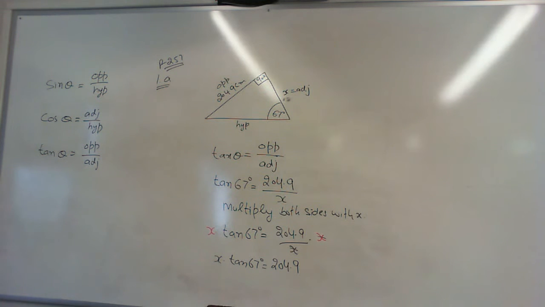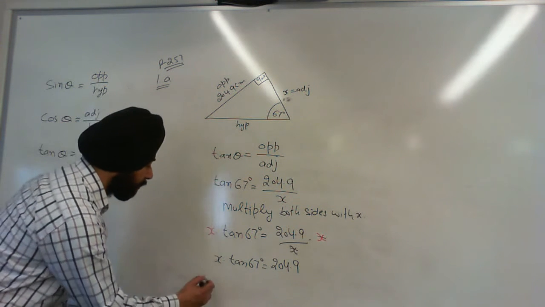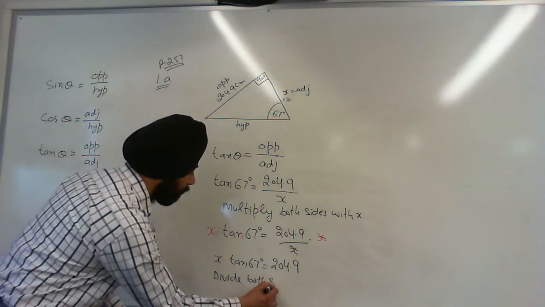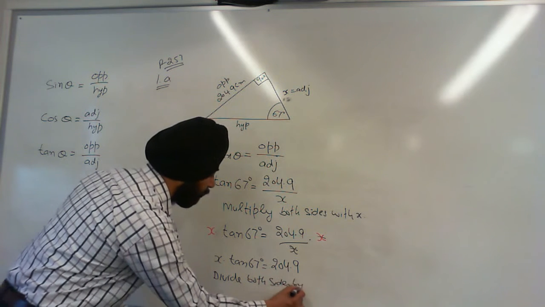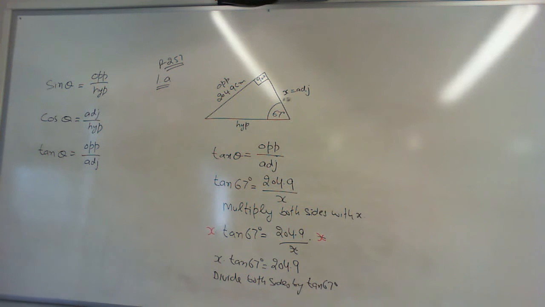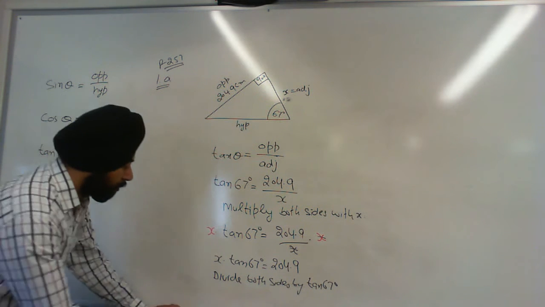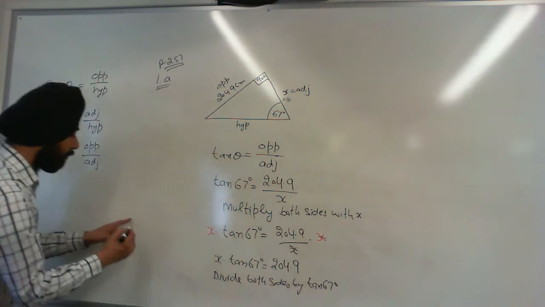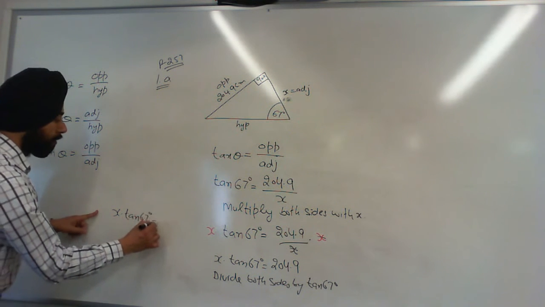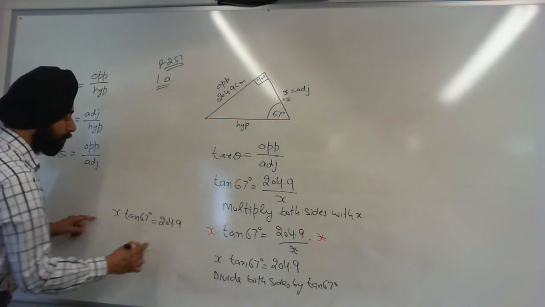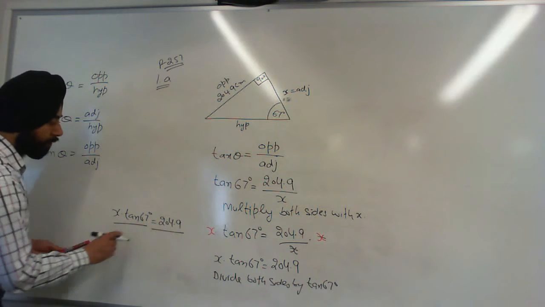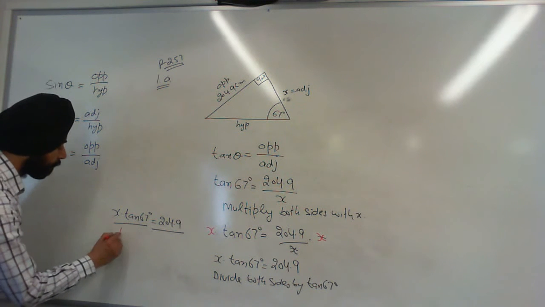And then you divide both sides by tan 67.